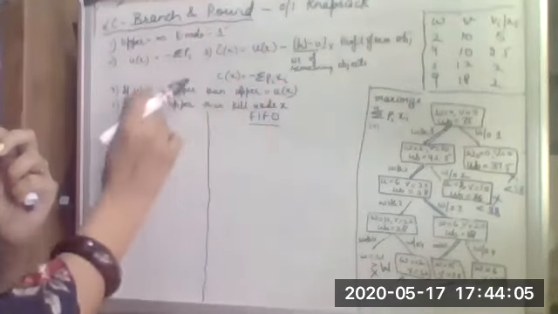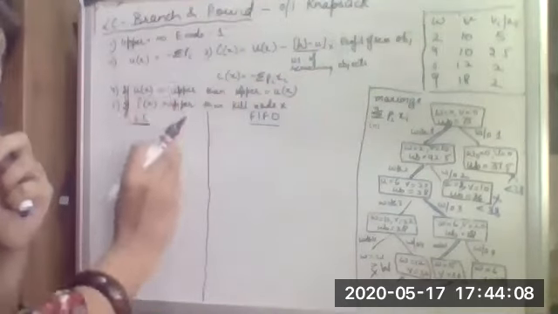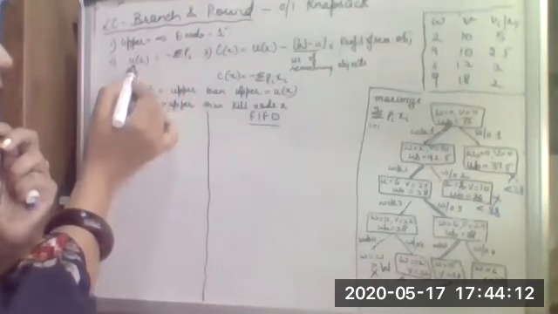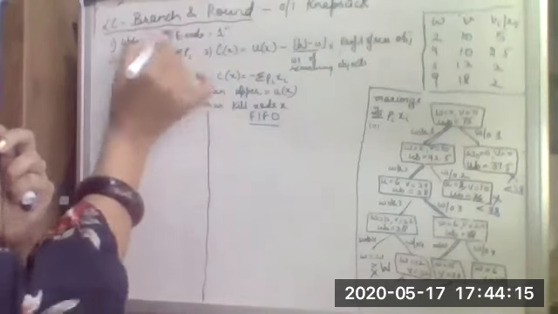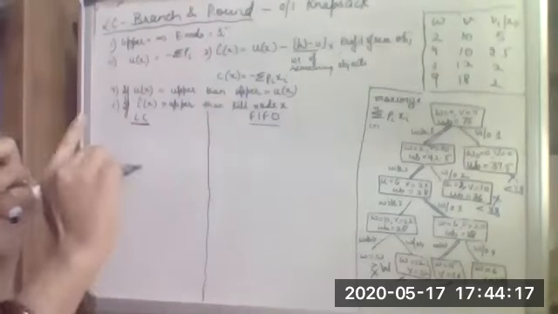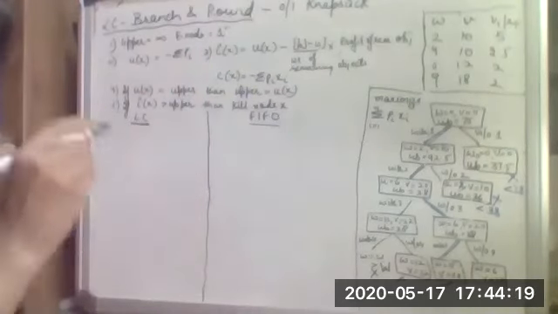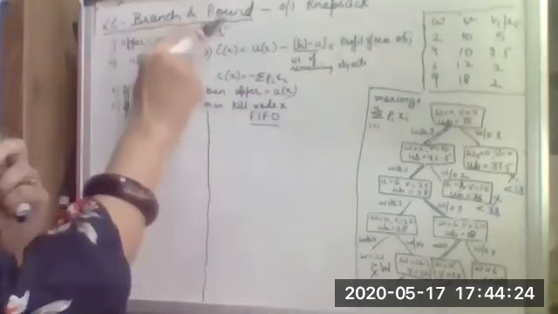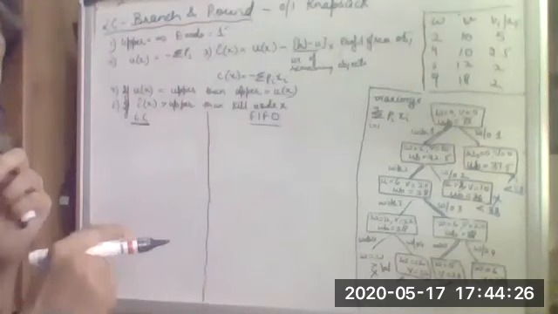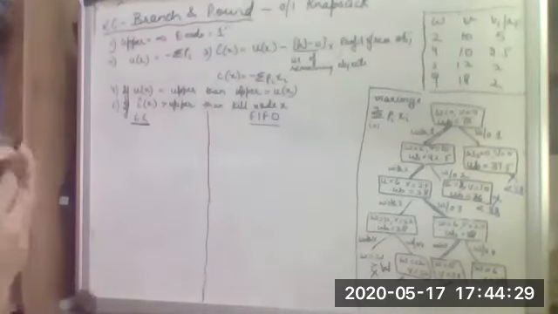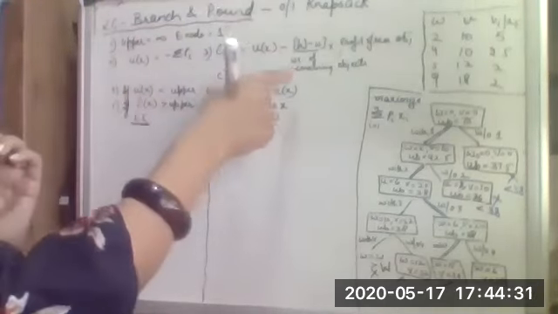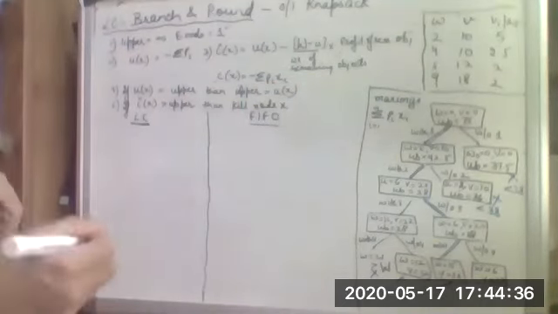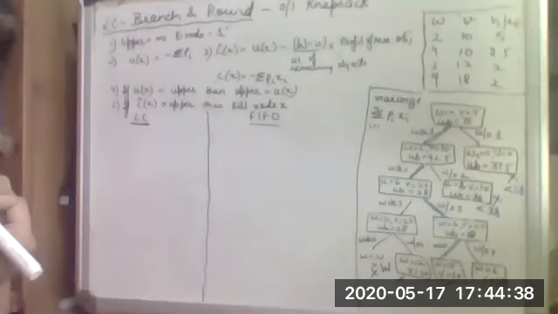As we create the state space tree, these two functions will become very clear to you. To start with, u(x) includes the profit values of all those items that are included completely in the knapsack, whereas c cap x includes the profit values that u(x) is including, as well as the profit value of the next partial element that is to be taken.